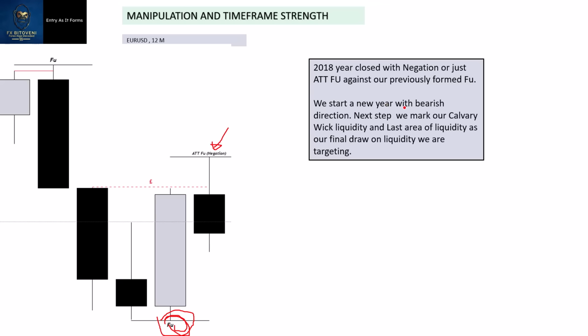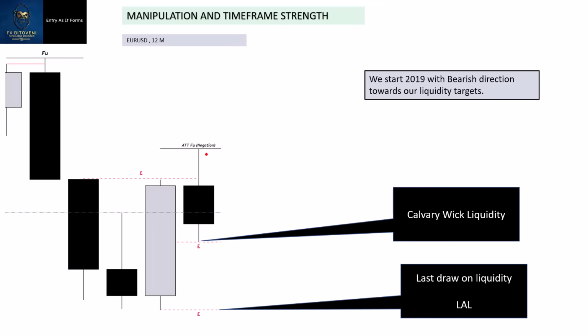So we start a new year with a bearish direction. Next step, we mark our calorie week liquidity because we have got anti-FU. We mark our calorie week liquidity in the last area of liquidity as our final draw on liquidity we are targeting. Those are the steps. Hope you can see that.